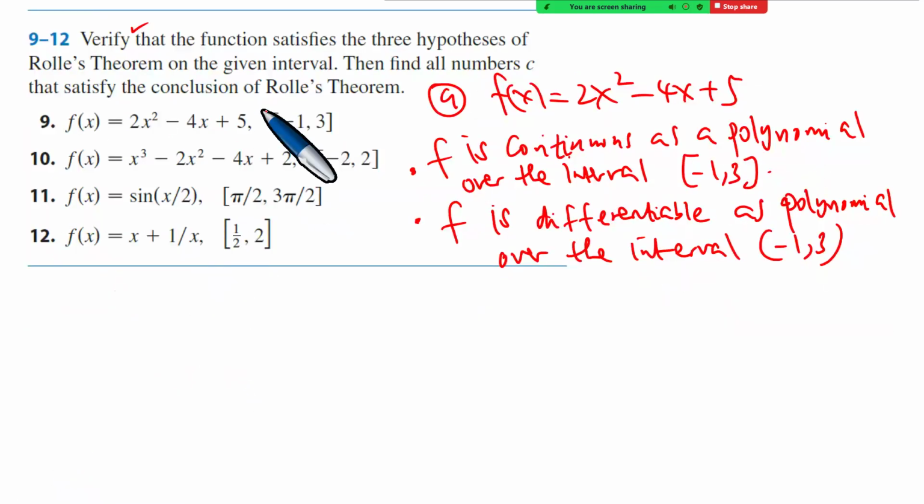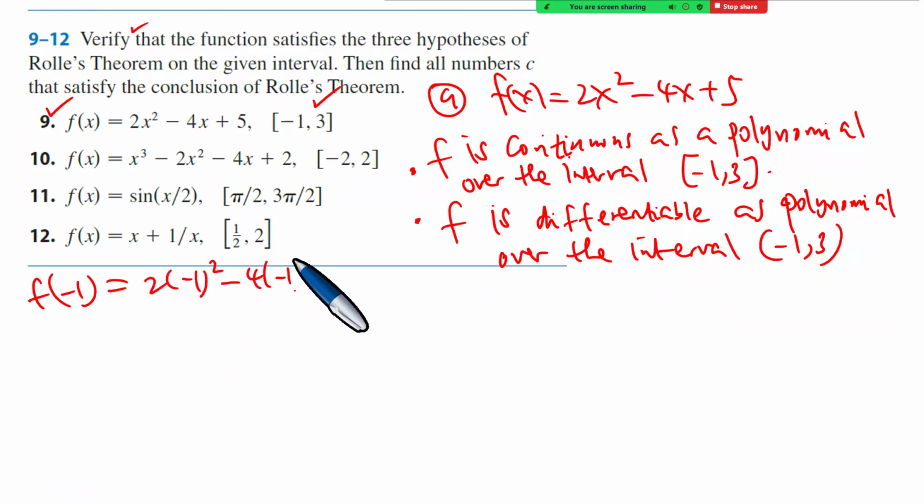So in other words, we're going to check here, we are doing number 9, we're going to check that f of minus 1 must be equal to f of 3. f of minus 1 is 2 times minus 1 squared, minus 4 times minus 1, plus 5, which is exactly 2 plus 4 plus 5. Okay, let us check exactly what happens here.